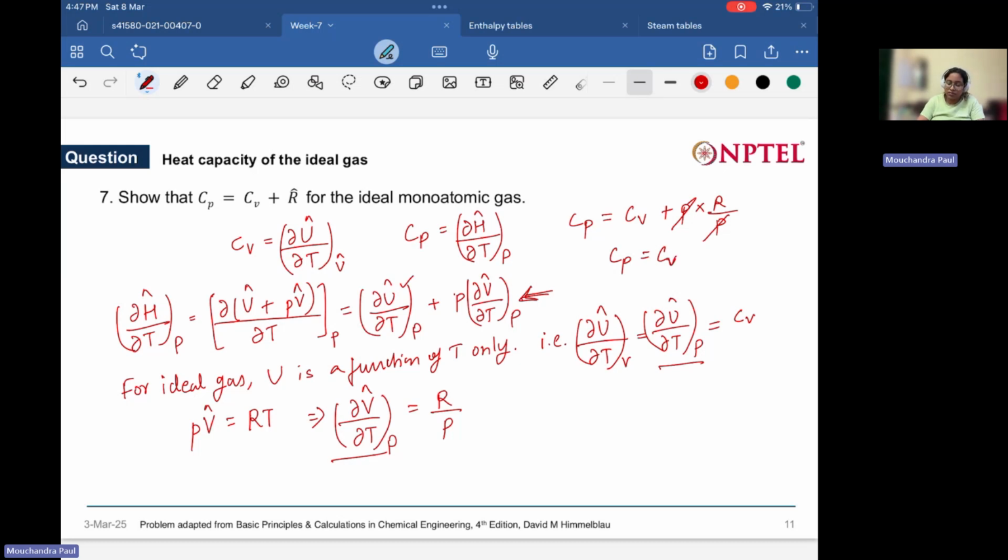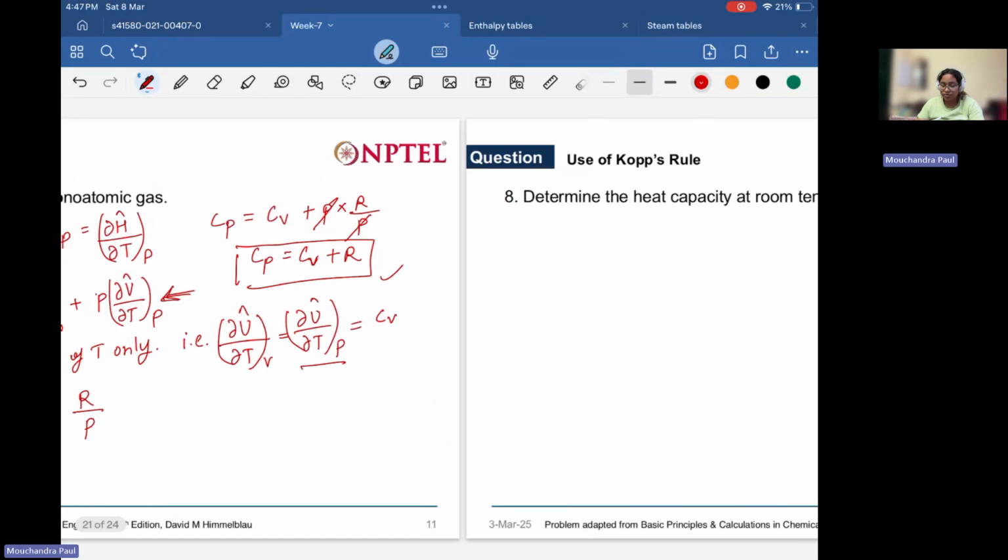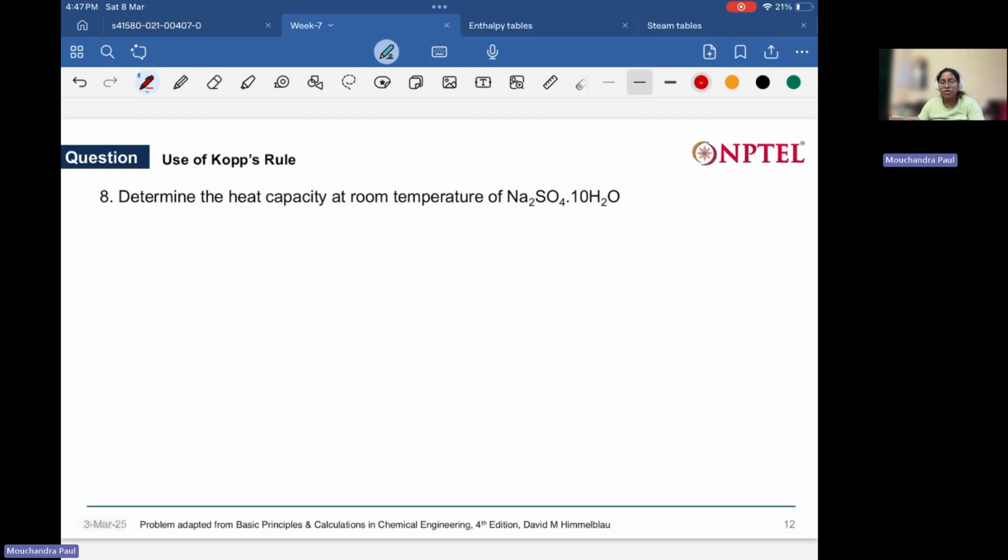Cp is equal to Cv plus R. Hence proved. This is your final expression that you needed to find out here. Easy, simple enough. Now let's move on to the next one.